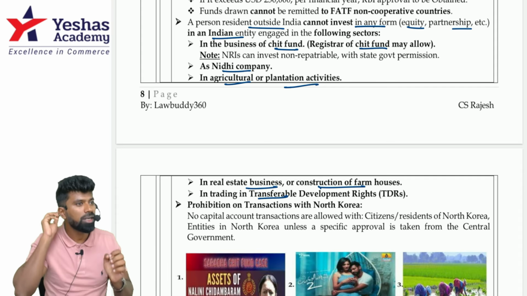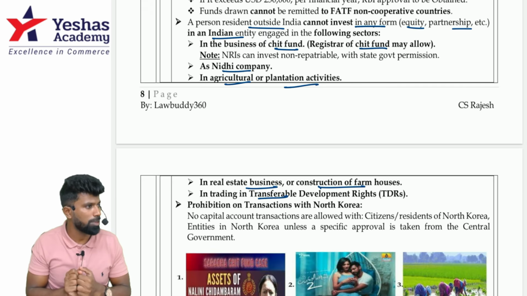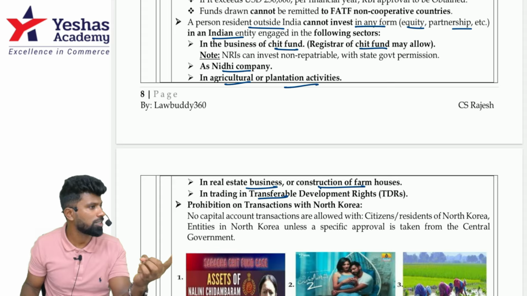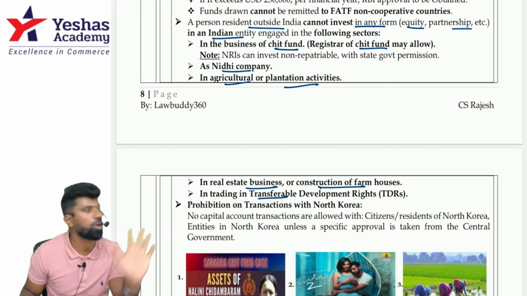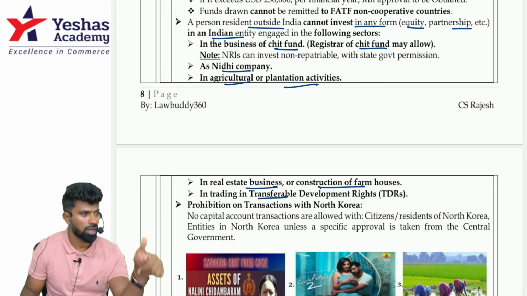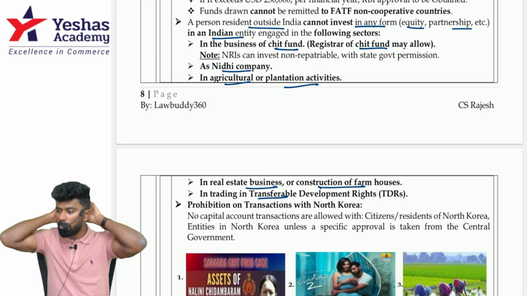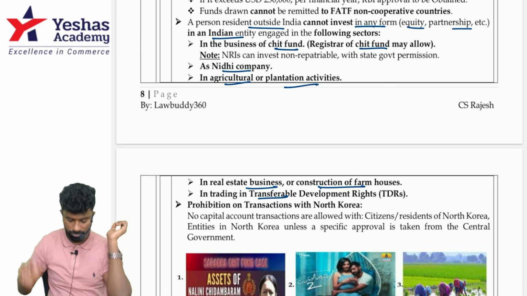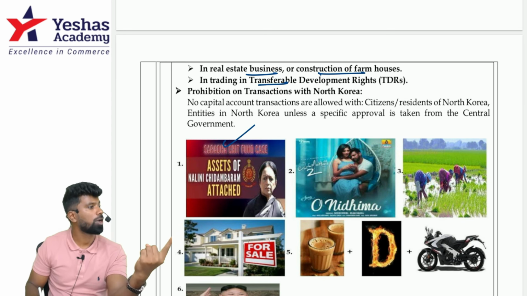Clear? Can you remit the amount you have drawn under the LRS scheme for FATF countries? And one more thing: dealing with North Korea is prohibited. So these are the prohibited capital account transactions. What is the first one?